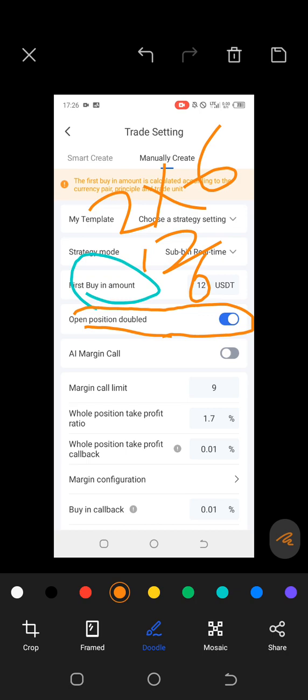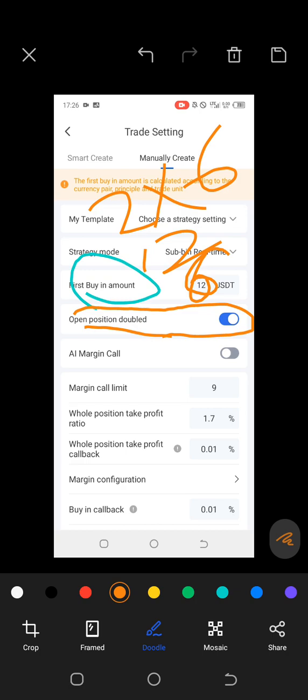Now when you are calculating the margin call drops, or number of times, that's the multiple buy-in ratio, it is going to calculate using only the $6 but not the $12 open double position. You get me? Beautiful. So open double position applies to the first buy-in amount.